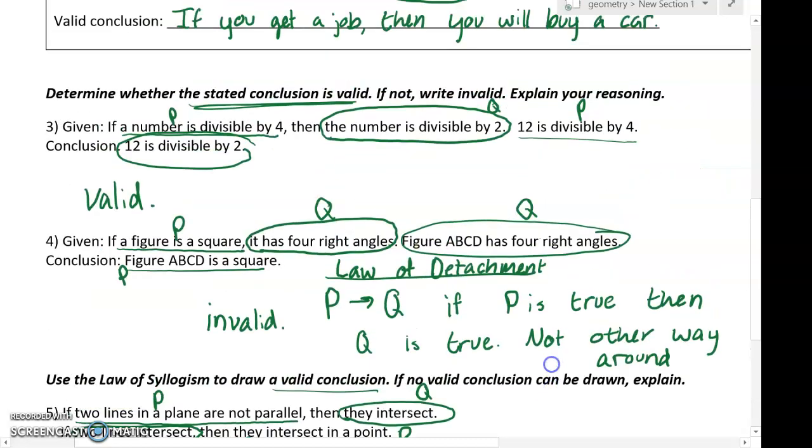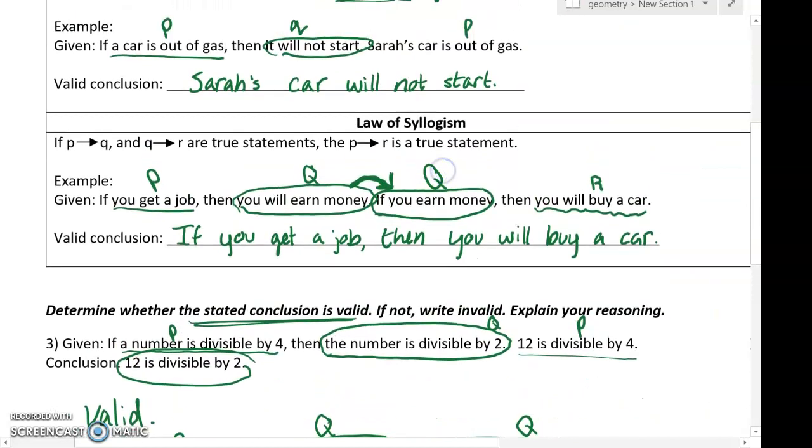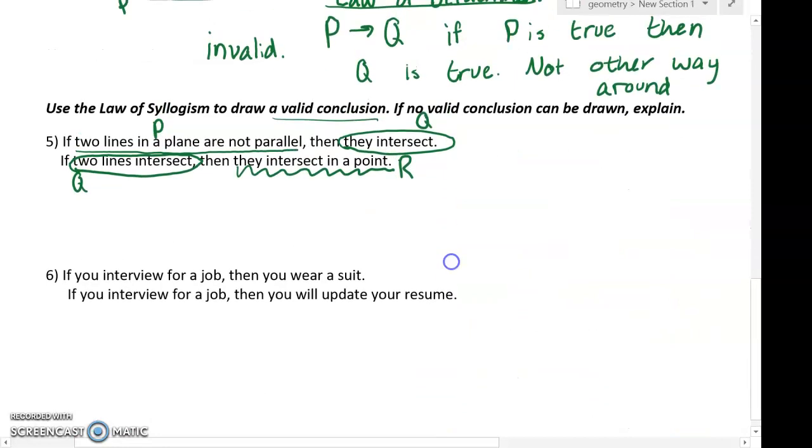So what our law of syllogism says we can do now, if those Q's match in the middle, is it says we can say if P then R is a true statement. Since we have them labeled here, that makes this nice and easy.